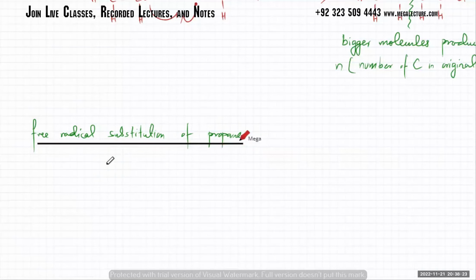So what happens in free radical substitution is, okay, you've got this molecule and we're going to try and figure out what products are possible. And this is with Cl2.